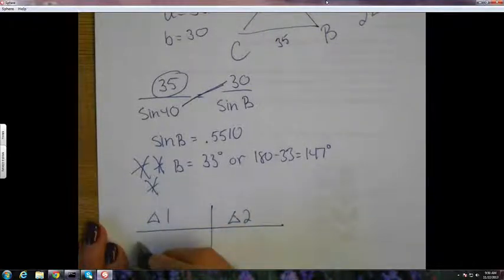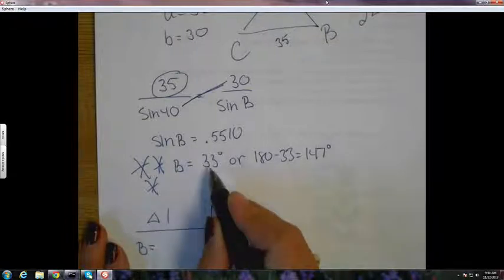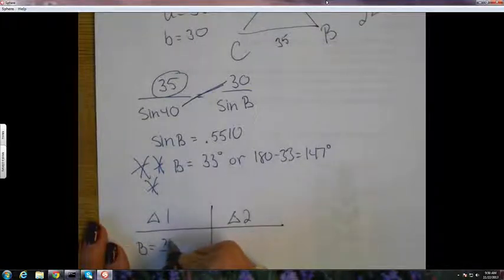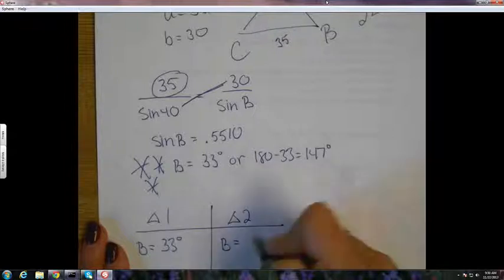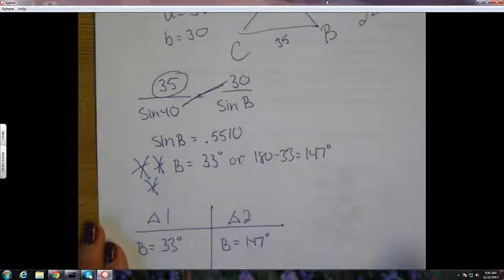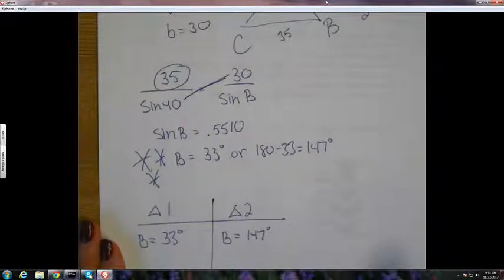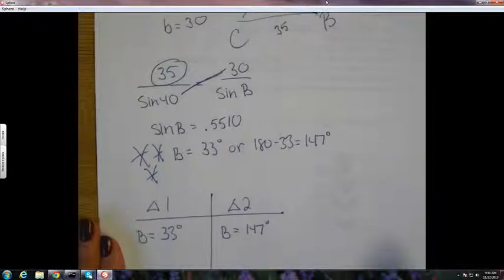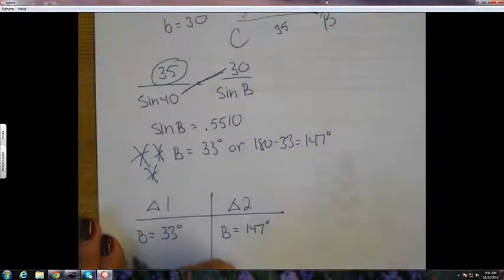Angle B in the first triangle, which definitely has to exist, is 33 degrees. Angle B in the possible second triangle, I don't know for sure yet if the second triangle exists, would be 147. Right now is where it's going to tell if that second triangle exists, when I go to find the last angle. What's my remaining angle that I got to find? C is the last one.